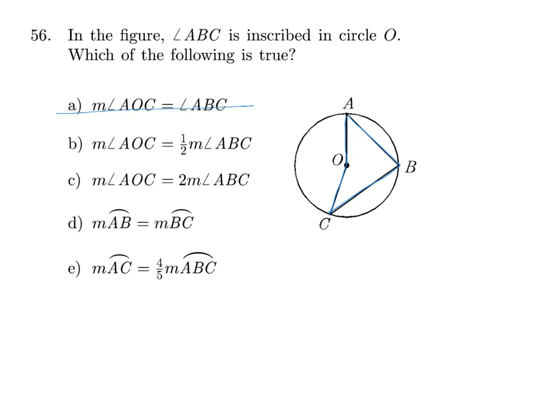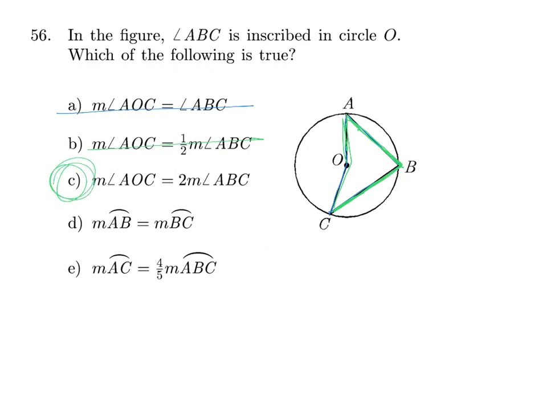AOC is equal to half of the measure of angle ABC? No, it's supposed to be double, so that's not going to happen. Oh, here's double, so this one's going to work.